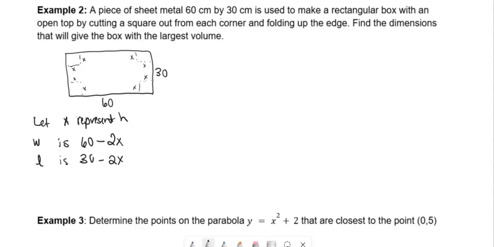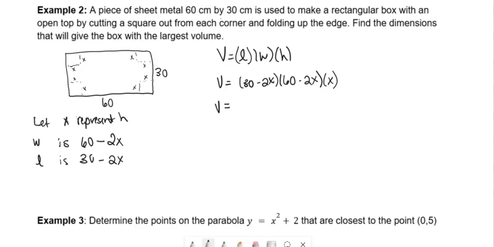Okay, so I am looking for the maximum volume. So volume equals length times width times height. And in this case, I've got 30 minus 2x, 60 minus 2x, and then just x.